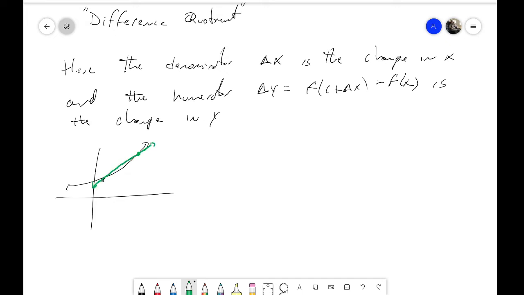Well, that's going to have some slope. But then we could take the same graph, the same point, and bring in an estimate with a point closer. And this is going to be a more accurate representation of the tangent line.